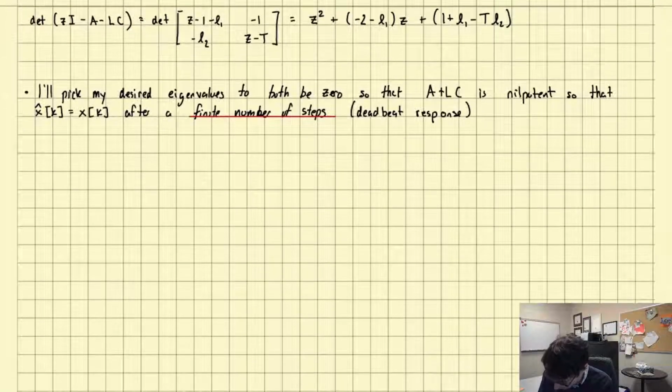So my desired polynomial is just z squared. So the design problem is choose little l1, little l2, so that these coefficients are both 0.